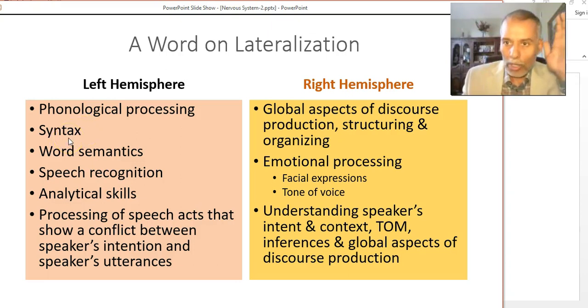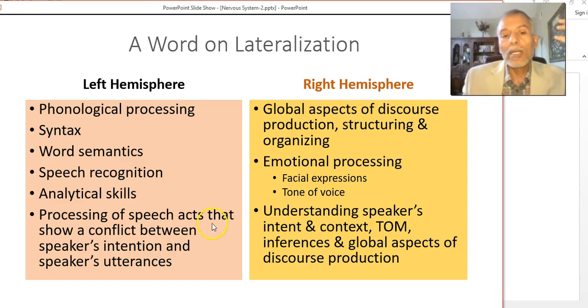When you say Broca's area, it only exists in the left hemisphere. Word semantics, the functions of words, the meanings of words, left hemisphere. Speech recognition and comprehension of speech is in the left hemisphere. Analytical skills, also in the left hemisphere. The left hemisphere is dominant for it.